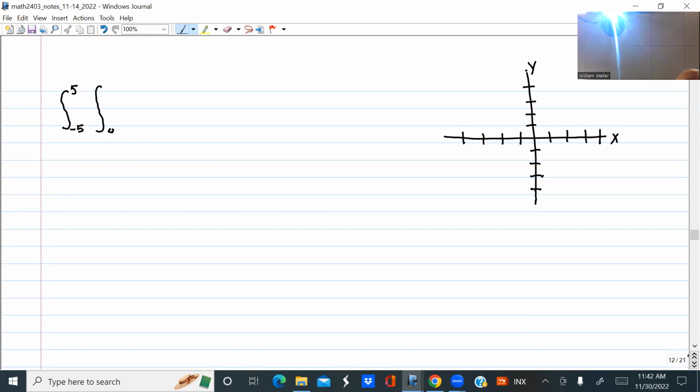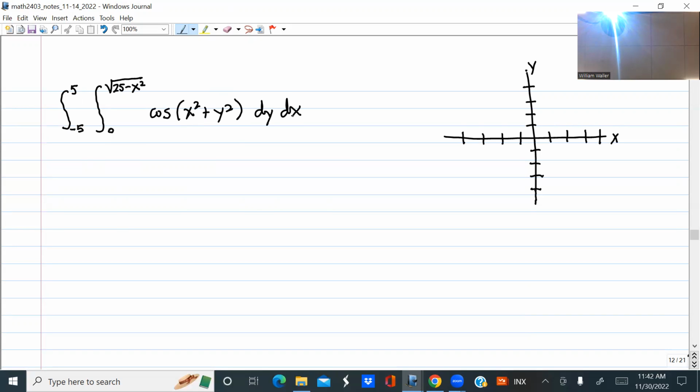Was it 0 to something like square root of 25 minus x squared? Okay. And then we had cosine of something. Was it square root of x squared plus y squared? Oh, just x squared plus y squared? So cosine of x squared plus y squared. And then I think it had to be dy dx, right? Okay.